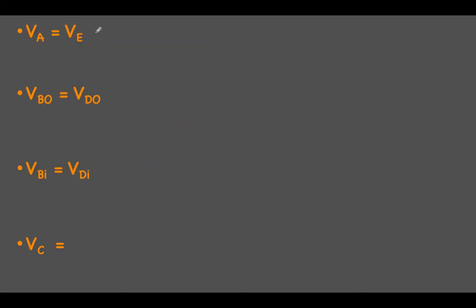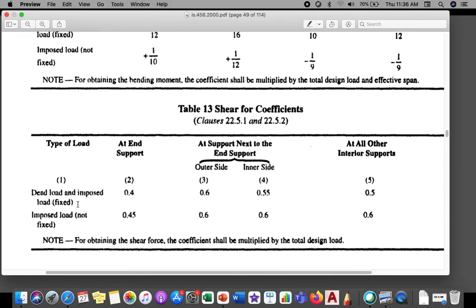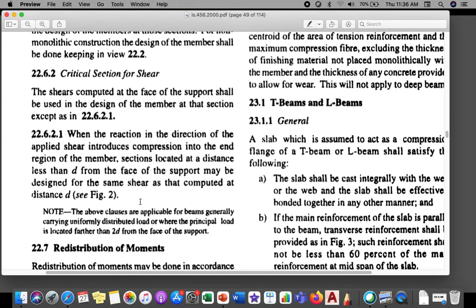So at end support VA and VE, it is alpha D into WUD into L plus alpha L into WUL into L. So how much is the alpha D mentioned? 0.4 and alpha L is 0.45.